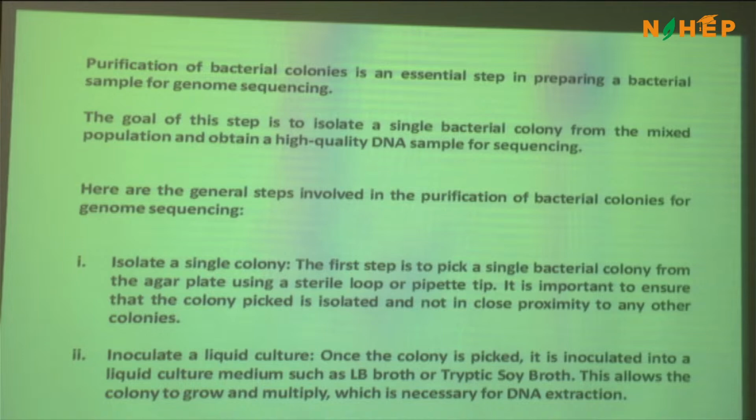Okay, there is no single time point for most bacteria. You have to standardize it, right? So you have to optimize it. At a 2-hour interval you have to take out a sample, go for OD measurements, and plate it out. You have to do this growth curve analysis. That gives you an idea like, okay, this is the time, after 24 hours of my inoculation, when my bacterial cells are ready for stopping and ready for the downstream work.